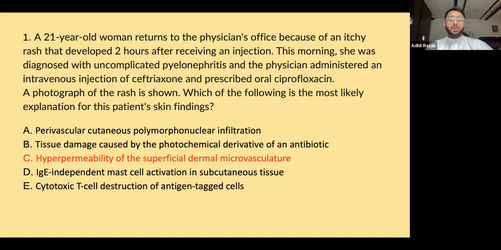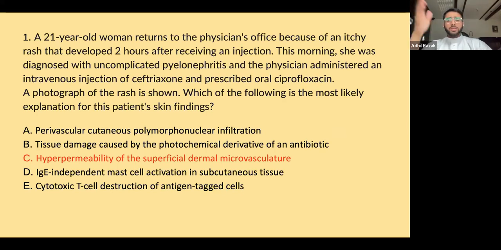This patient was given ceftriaxone and ciprofloxacin, but usually urticaria can happen when a patient is administered penicillins or ceftriaxone, which is part of the cephalosporins. And this can cause urticaria, which is itchiness in a rash. It's usually an IgE-mediated mast cell activation, or a type 1 hypersensitivity reaction.